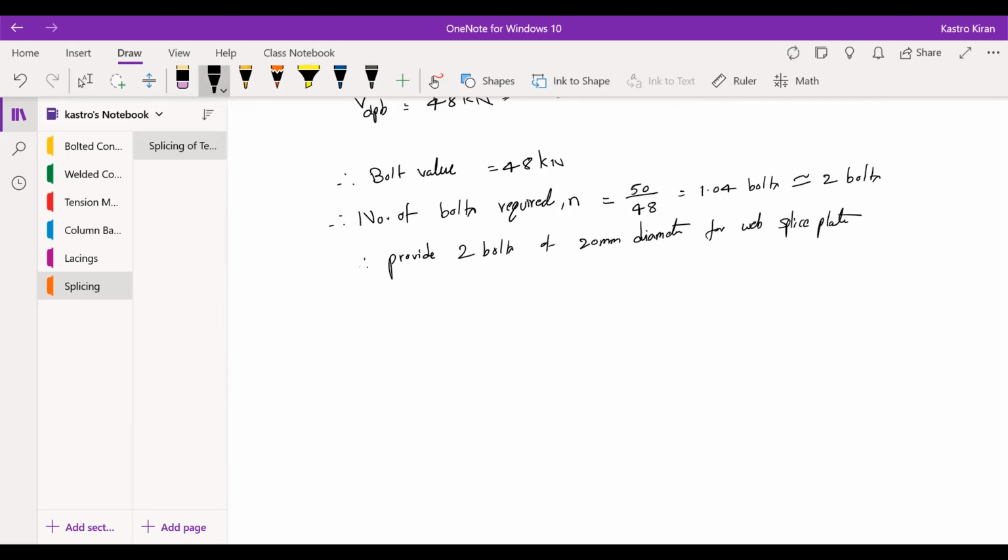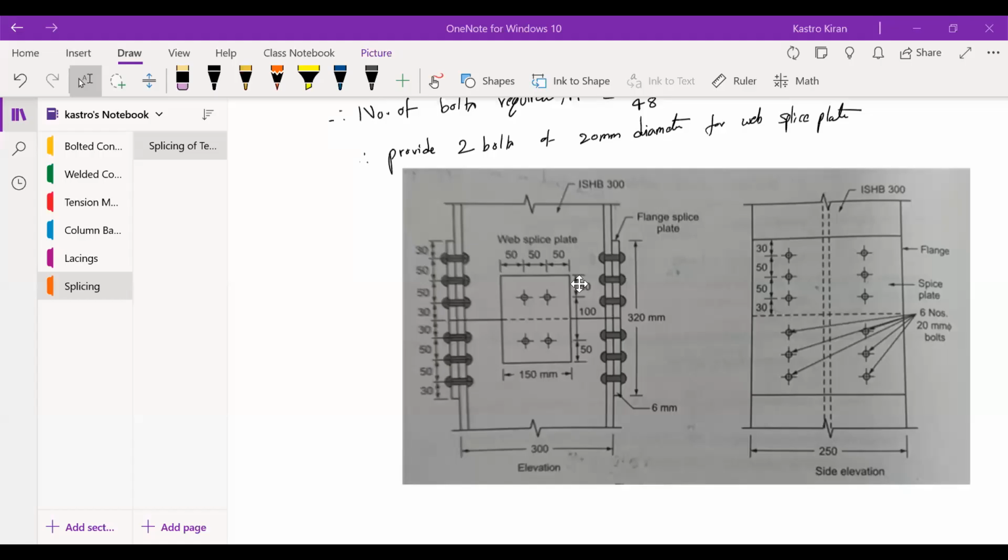So the connection diagram will look in this way. Please have a focus on the connection diagram. So this is the connection details. Here there is a small correction. The edge distance is not 30 here, it is 40 on all the sides. Here also it is 40 mm.